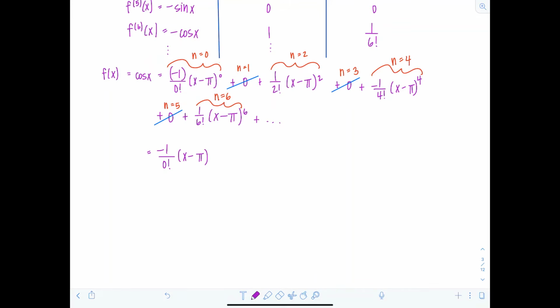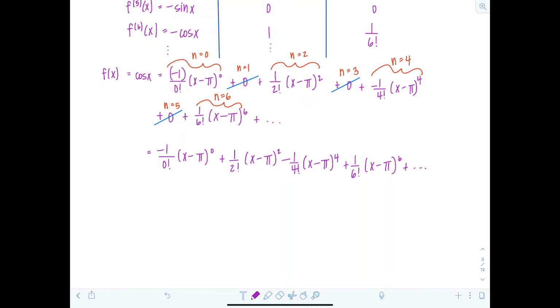Times x minus pi to the 0. Then what's the next survivor? 1 over 2 factorial times x minus pi squared. Next survivor is negative 1 over 4 factorial times x minus pi to the 4th. Then I have plus 1 over 6 factorial times x minus pi to the 6th, etc.